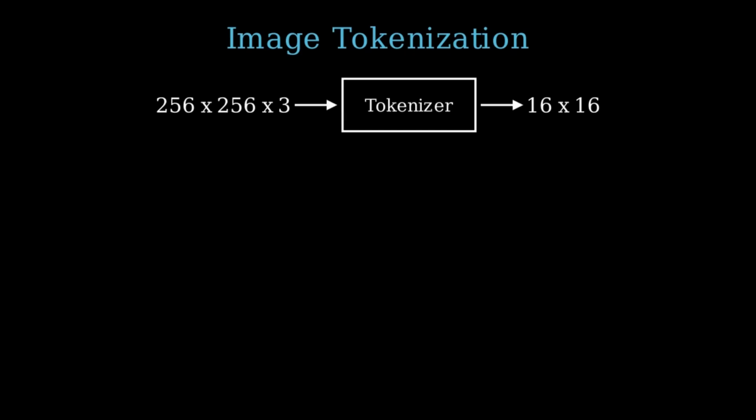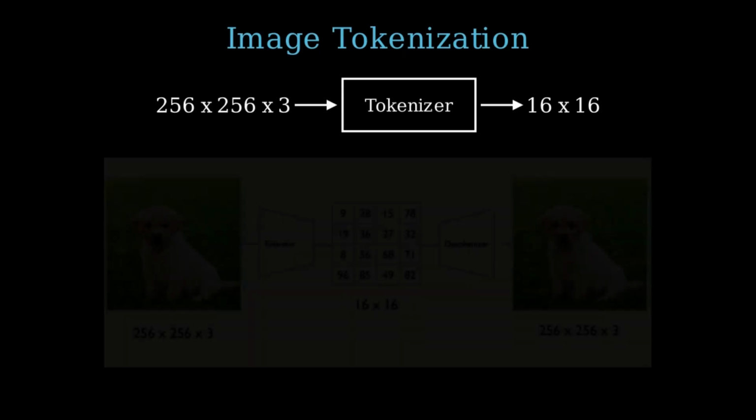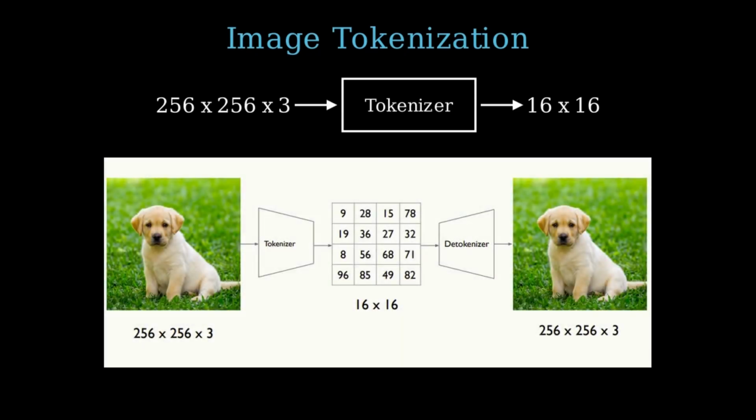This encoder network drastically compresses the high-resolution RGB image into a compact, discrete grid of tokens, typically down to a 16 by 16 resolution. Each token is drawn from a predefined, finite vocabulary. By doing this, we effectively convert the complex visual data into a sequence of discrete symbols, allowing the transformer architecture to process the image exactly like it processes words in a sentence.